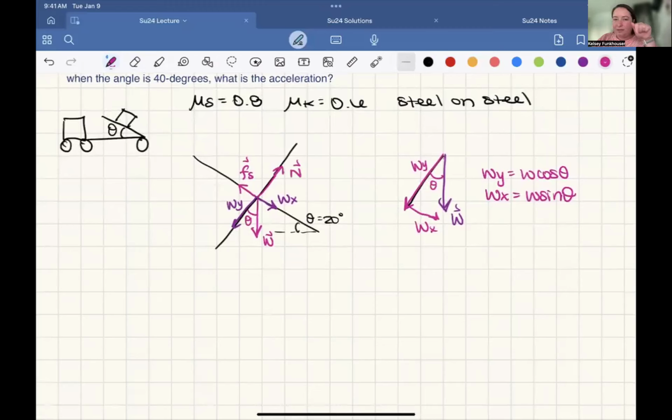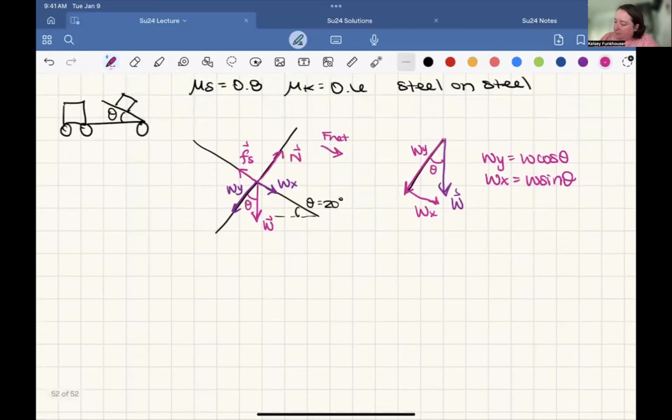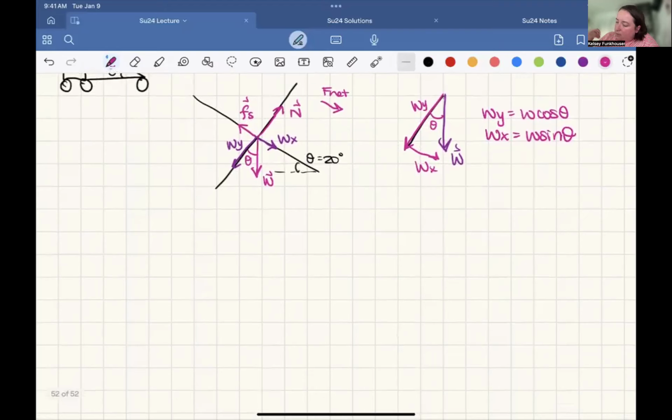And we didn't do this in the other example, but the net force, F net, is along the incline, along the truck bed. Okay, now sum of forces. Oh, wait, I'm sorry. It's not moving. Static friction. So the net force for this one is 0. There we go. So now our forces.